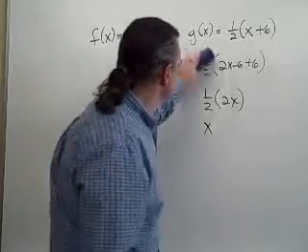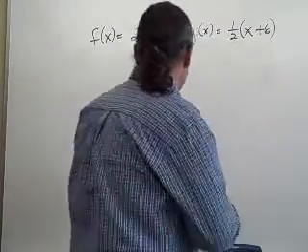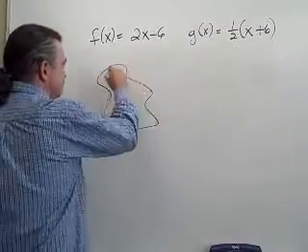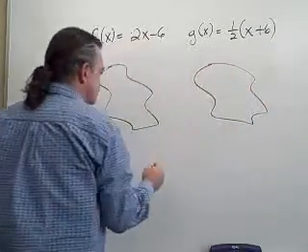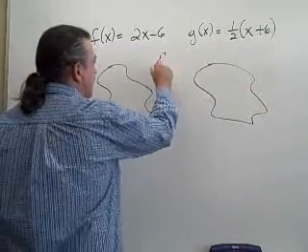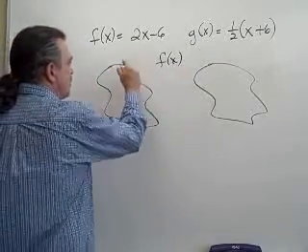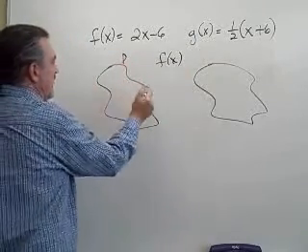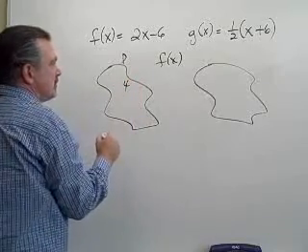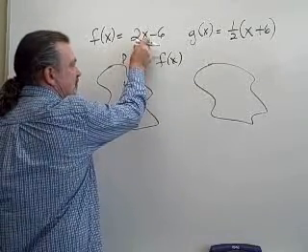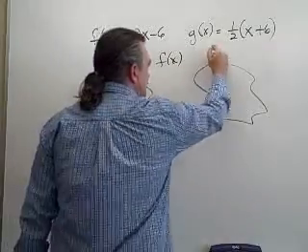Graphically, this is what is happening. Here's the function f of x. So we took out of its domain the value 4. 2 times 4 is 8. 8 minus 6 is 2.